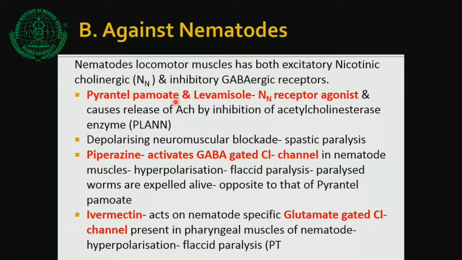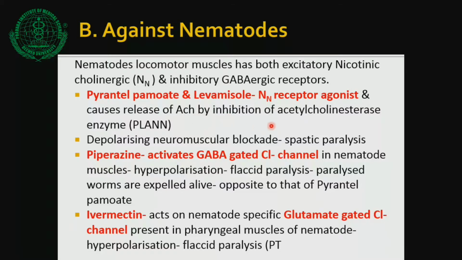First is Pyrantel pamoate and levamisole. These are NN receptor agonists, and they cause the release of acetylcholine. So by agonistic or stimulatory action on the NN receptor, Pyrantel pamoate and levamisole cause the release of acetylcholine. And at the same time, you know, acetylcholine is destroyed by which enzyme?